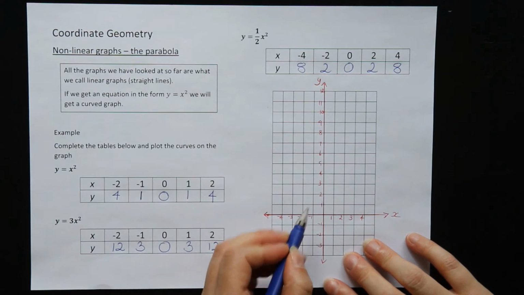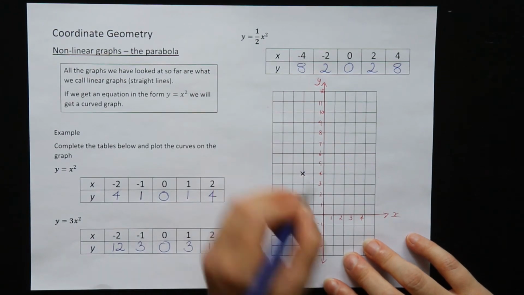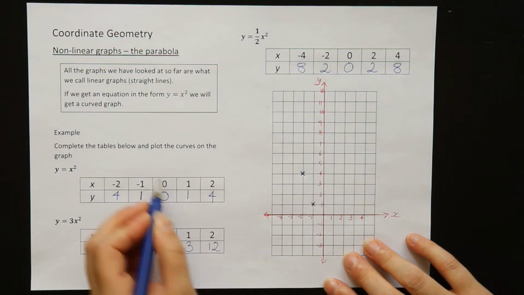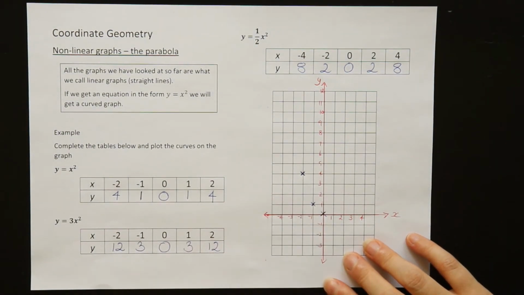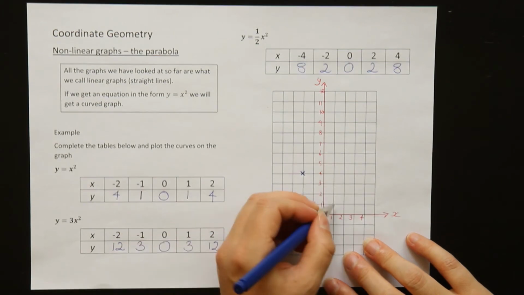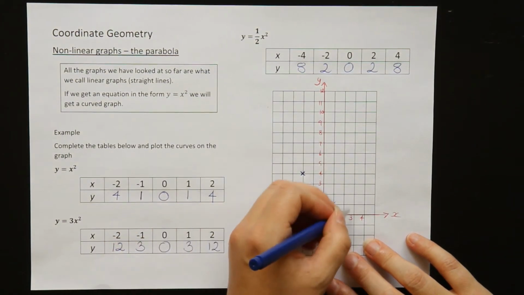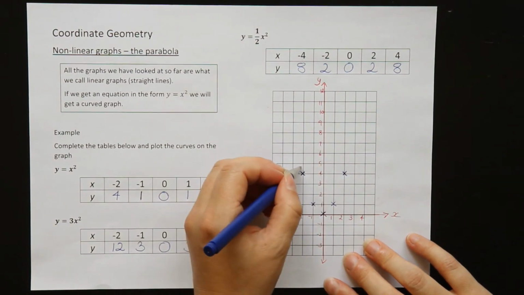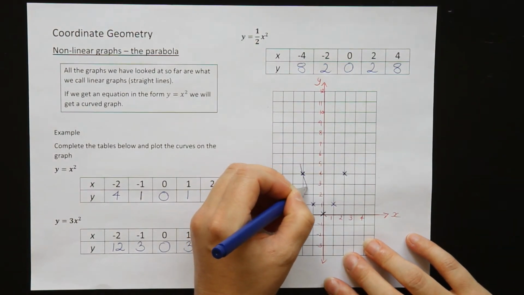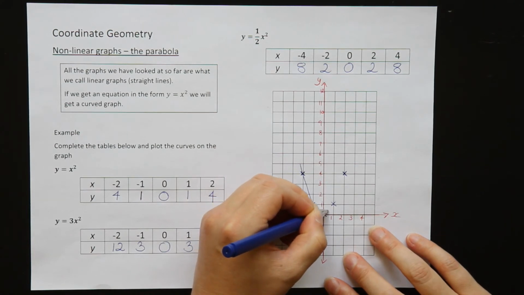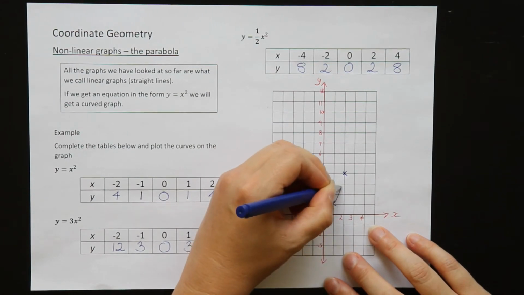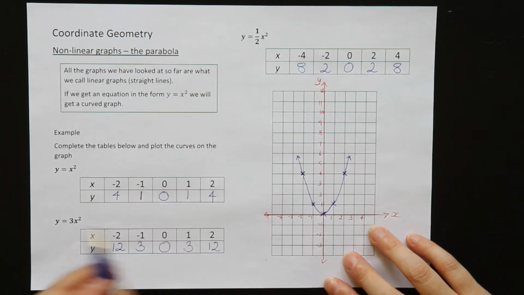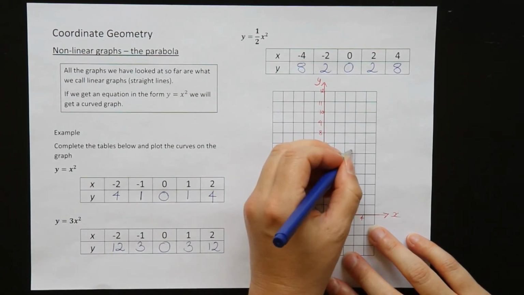Minus 1, positive 1. 0, 0. x is 1, y is 1. x is 2, y is 4. We can't use a ruler to join these up because it's a curve. So very carefully try to join the dots, making sure it's curving around the bottom there, like that. And that is the basic parabola, y is equal to x squared.